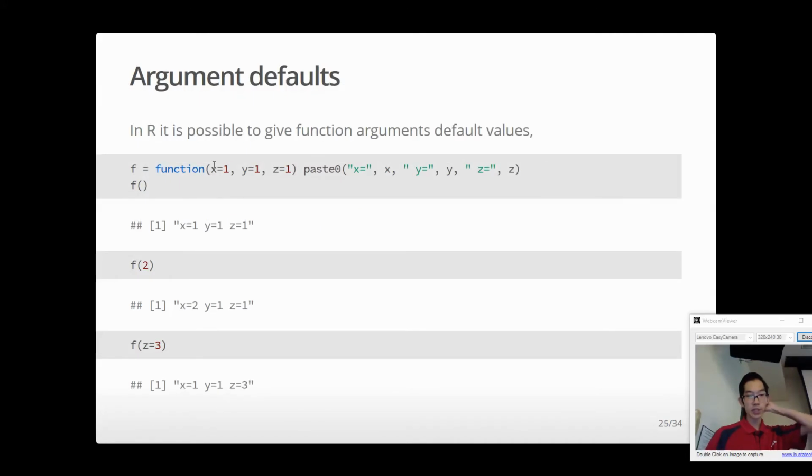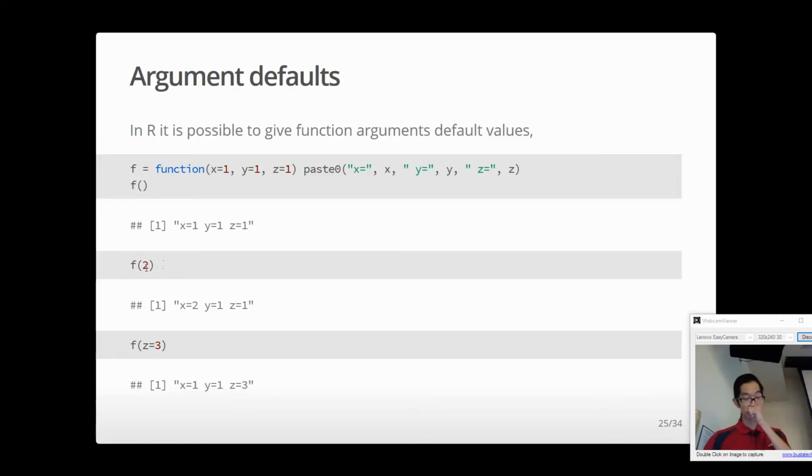You can also assign default values. So here we've got x, y, and z, the same exact function, but if nobody specifies an x, give it the default value of 1. So if we don't specify any arguments, then it's going to print out x, y, z equal 1.